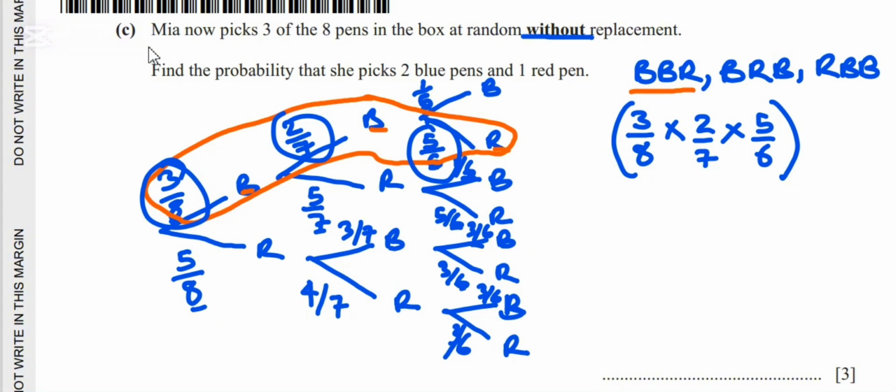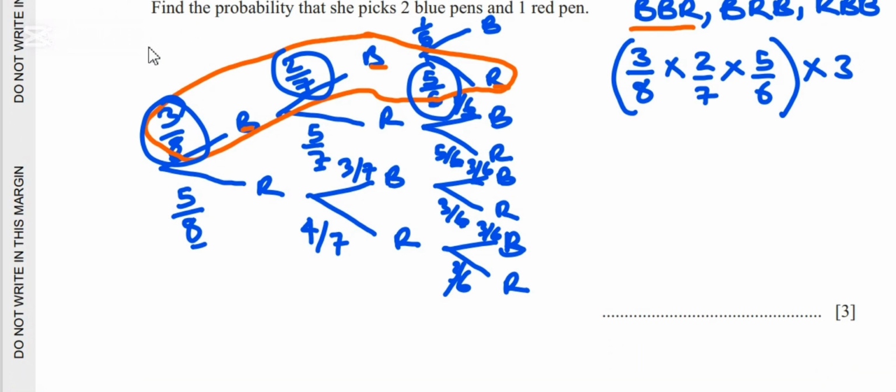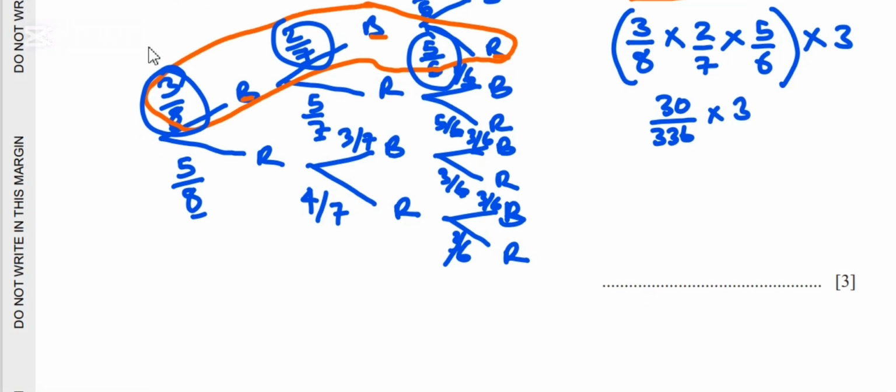Because they're going to be the same, we're going to multiply this by 3, just to save time. So 3 times 2 times 5 is 30 over 8 times 7 times 6 is 336, times 3. The 3 is still coming with us. So this is going to be 90 over 336.